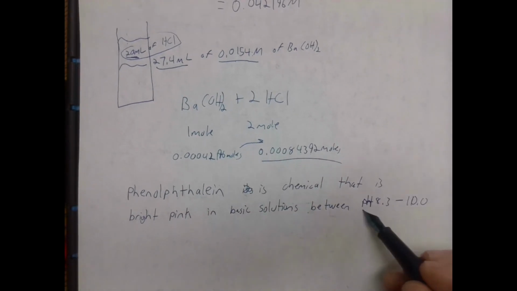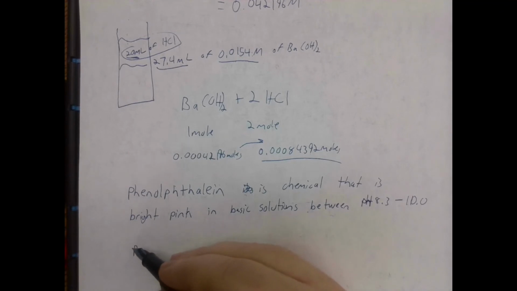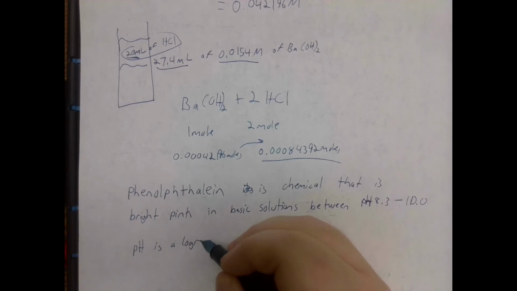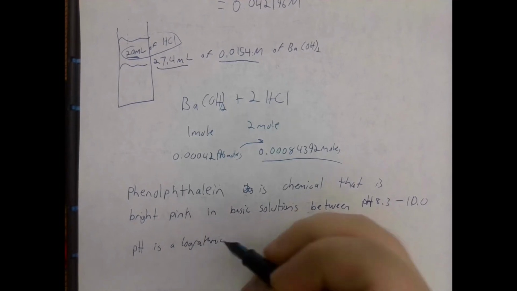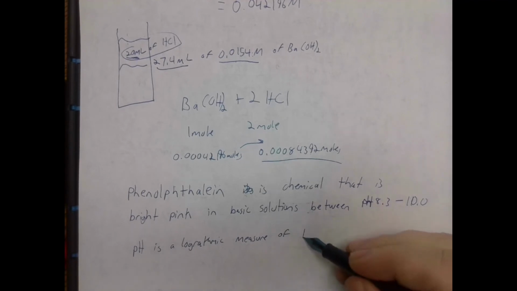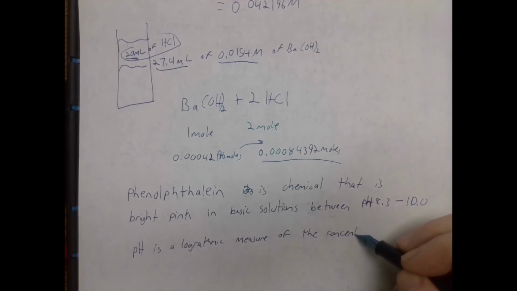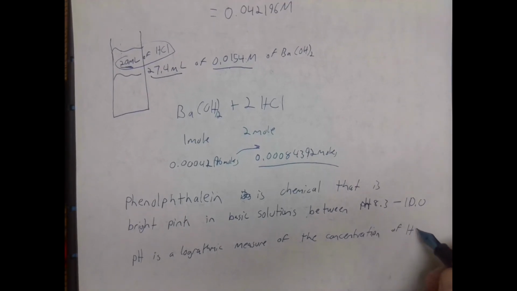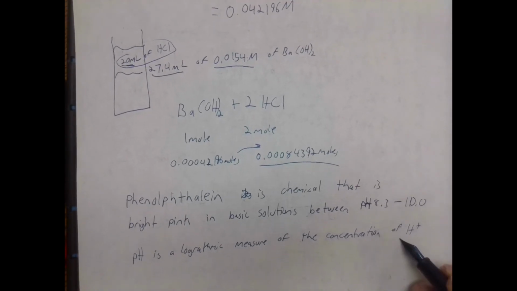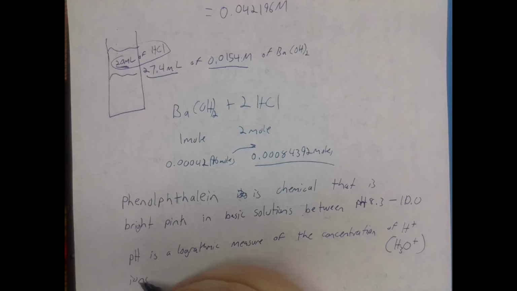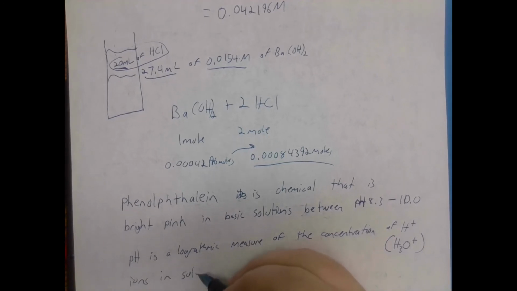We'll go into what pH means later. pH is a logarithmic measure of the concentration of H plus, I'll put in quotation marks, H3O plus, ions in a solution.